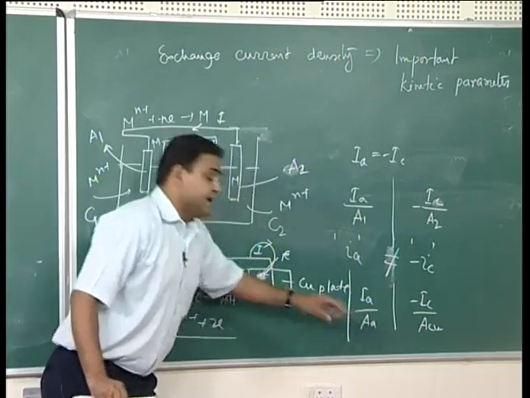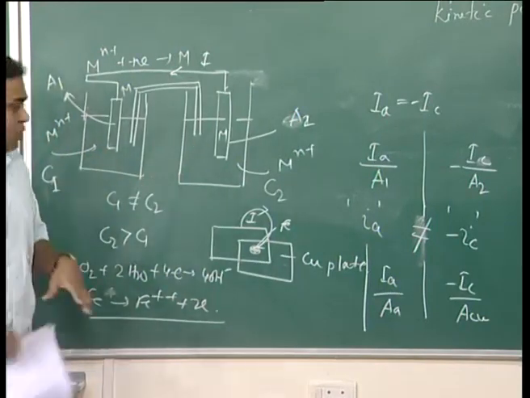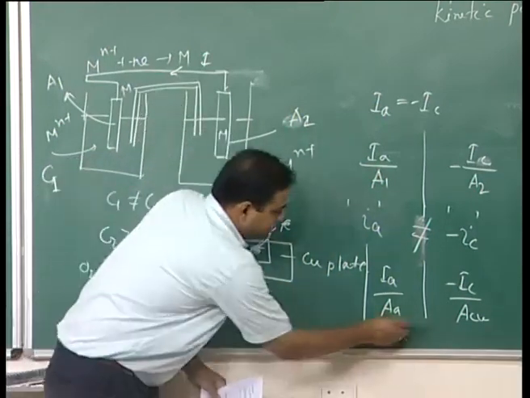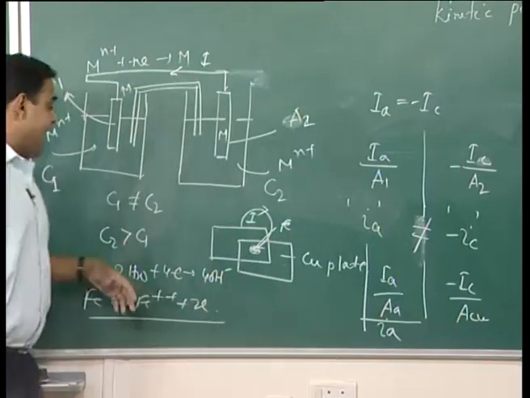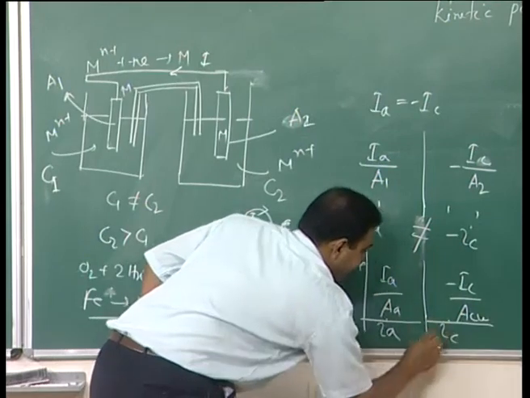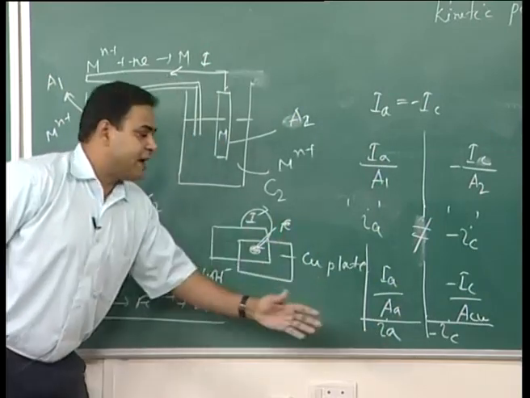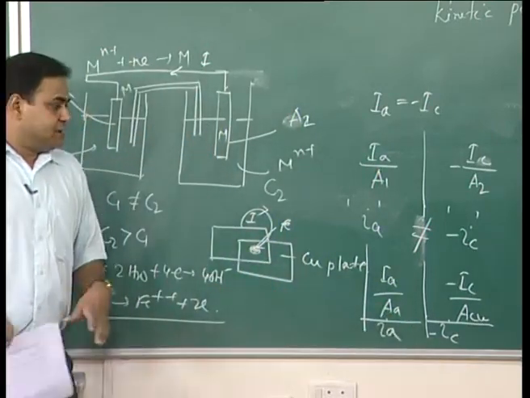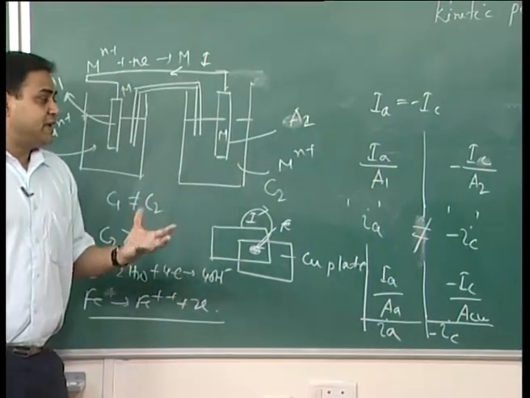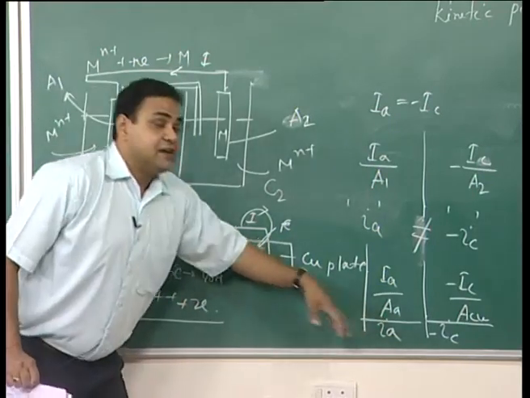Now, this anodic area is a very small quantity, because it is a rivet, a small exposed section. So IA is the current density for the anodic reaction, and IC is the current density for the cathodic reaction. If you compare the magnitudes, the area of the copper surface is very, very large, and the area of the rivet is very, very small.